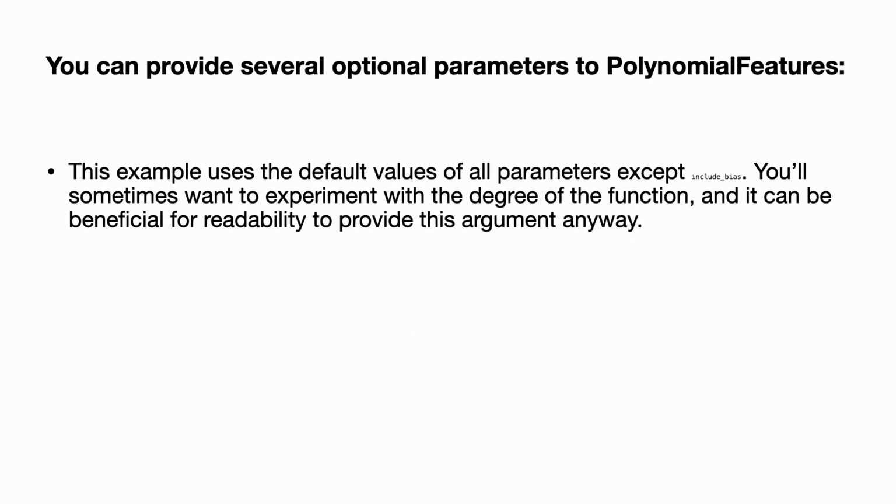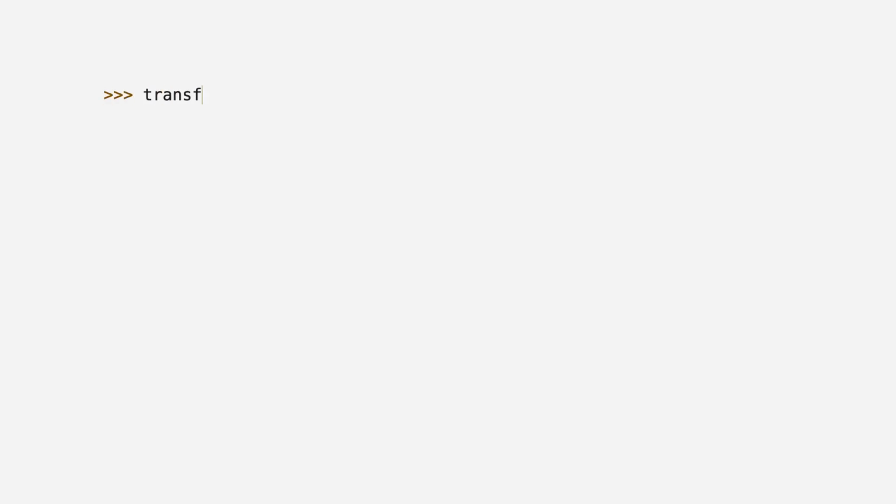This example uses the default values of all parameters except include_bias. You'll sometimes want to experiment with the degree of the function, and it can be beneficial for readability to provide this argument anyway. Before applying transformer, you need to fit it with .fit.